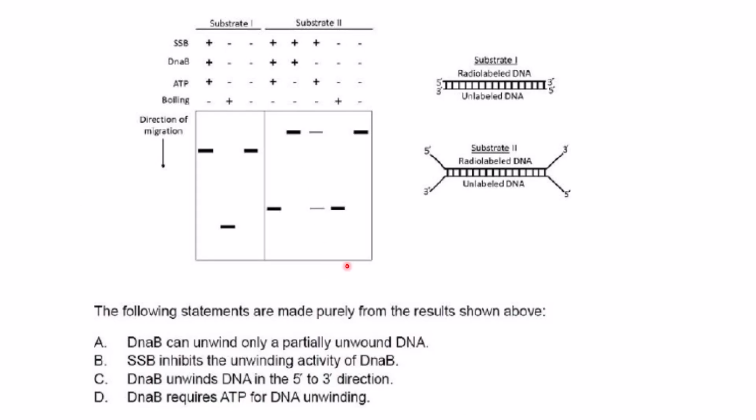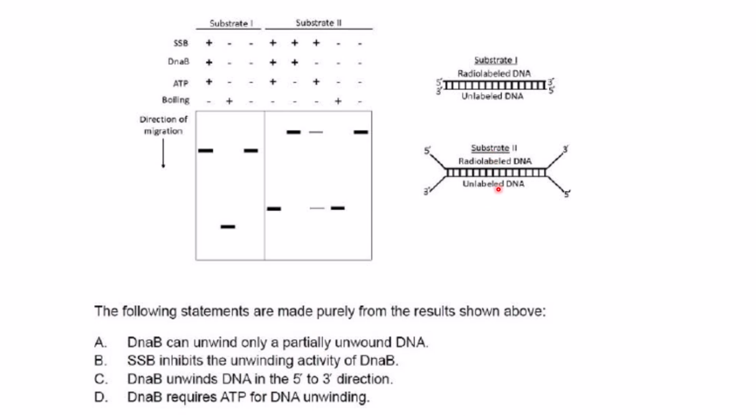Before coming to the statements, I will tell you that DnaB is a helicase involved in DNA replication and it requires ATP. This is what you have studied. Now substrate 1, if you see, has a 5' 3' end which is radiolabeled DNA, and the complementary strand is unlabeled.